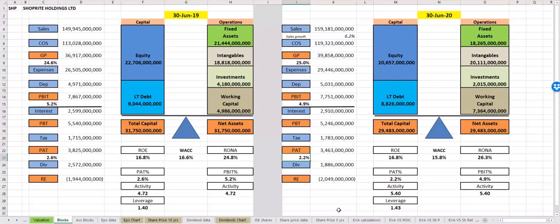I have gone a step further than simply showing the accounting document or the accounting numbers. I have stripped out of my representation at the moment the numbers that do not relate to performance and get in the way of us measuring performance. So let me give you an idea of what some of those things are.